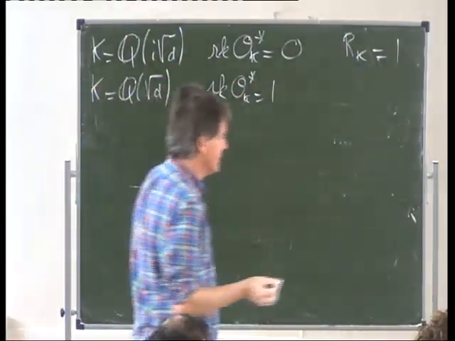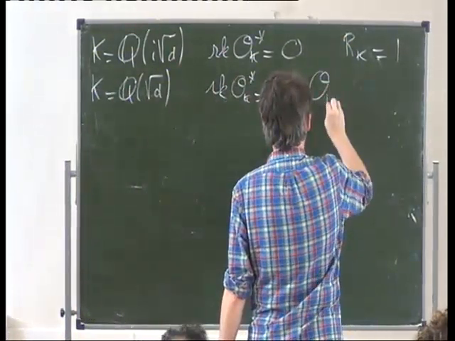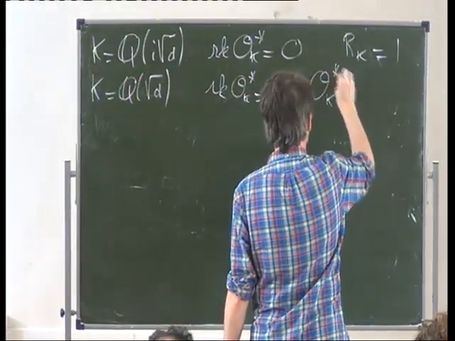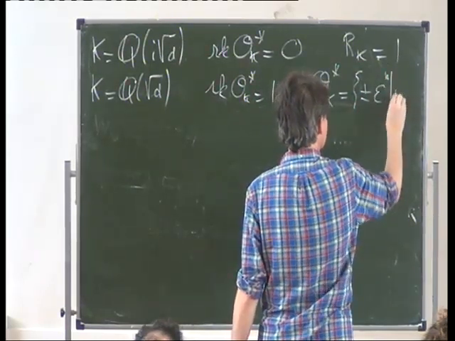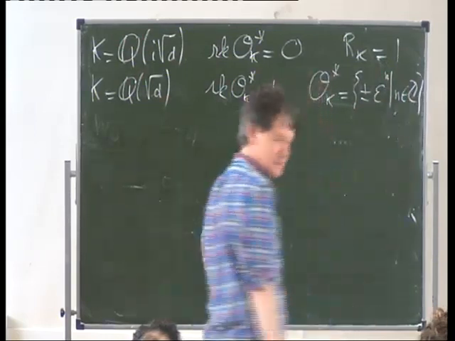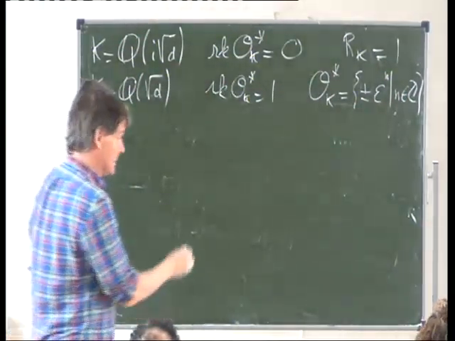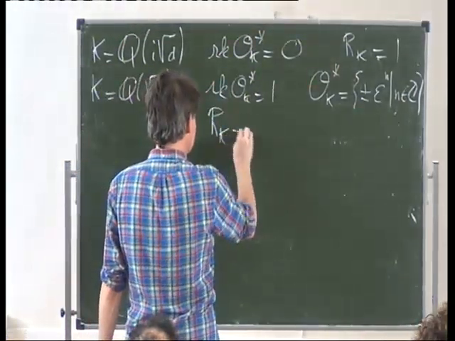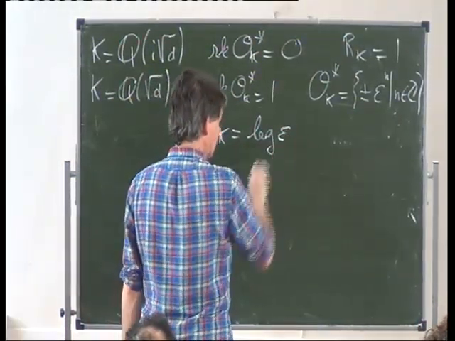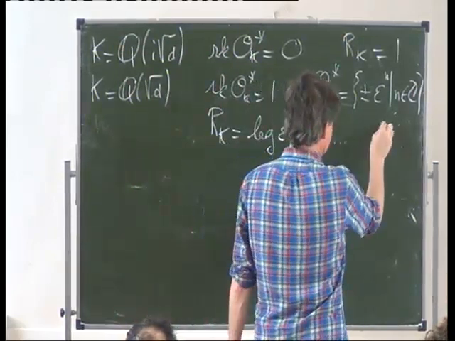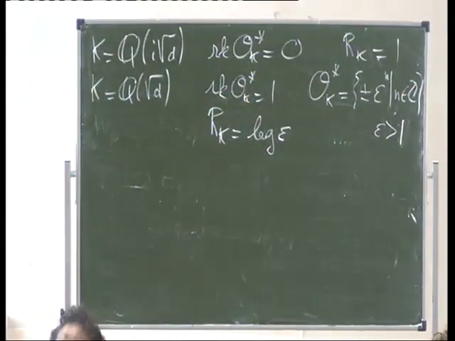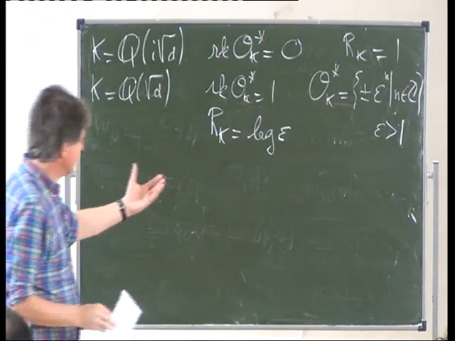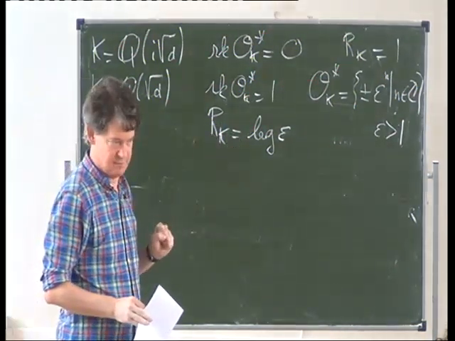So O_K star is actually equal to plus or minus, and then there is a fundamental unit, epsilon to the power n, n in Z. Well, in that case, the regulator is just log epsilon, where the generator you choose is the one that is strictly greater than 1. So when I say that it measures the complexity, the regulator in this case is just the size of the fundamental unit.